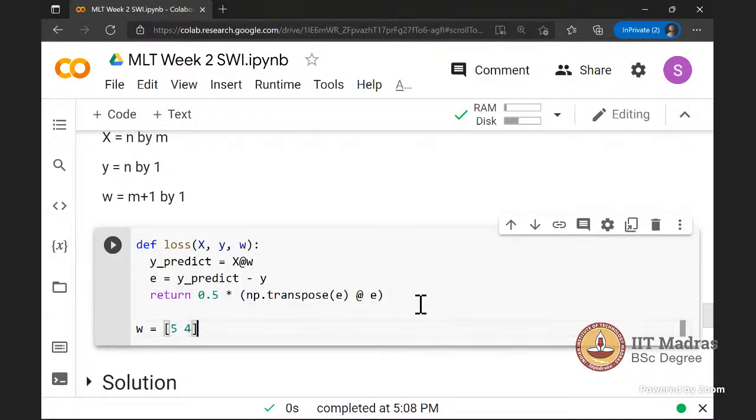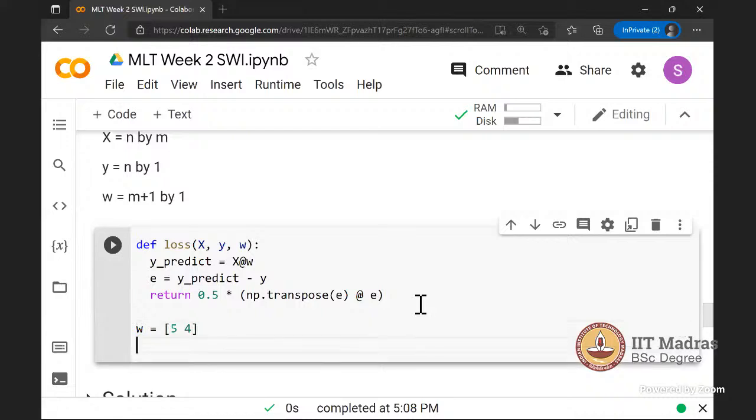This is all we need for a model. We already have the data, but we have to concatenate it with the dummy feature so that we can multiply our data with the weight vector. Can anybody tell me how I can do that? Column stack. Yes, np.column_stack. Write the code for it.